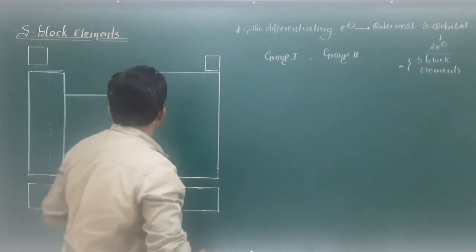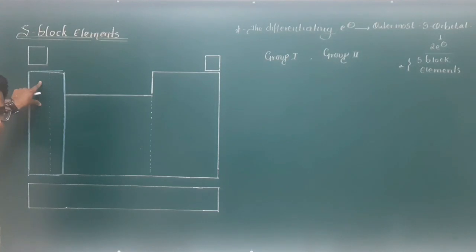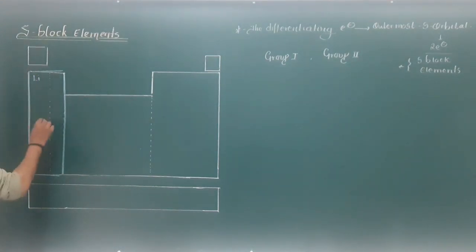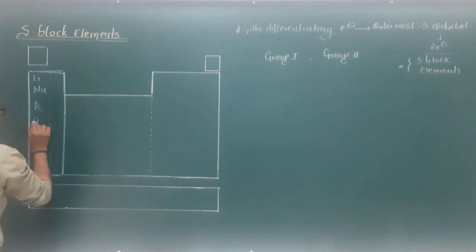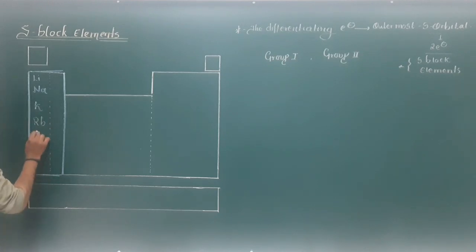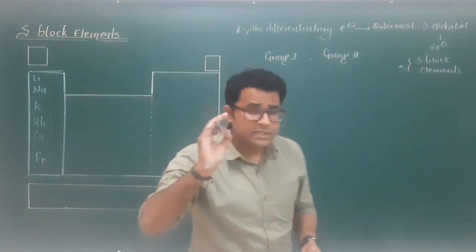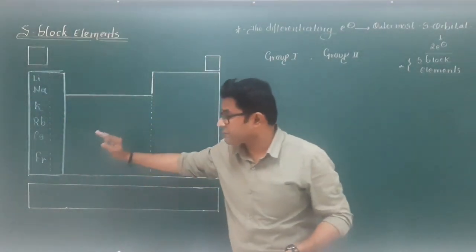Now, in group 1A, the elements that we have are lithium, sodium, potassium, rubidium, cesium and francium. Out of which francium is a radioactive element.